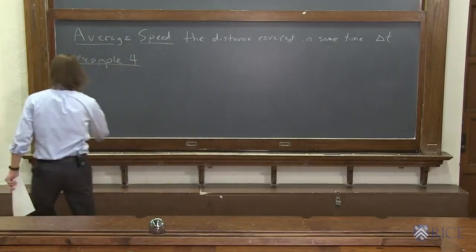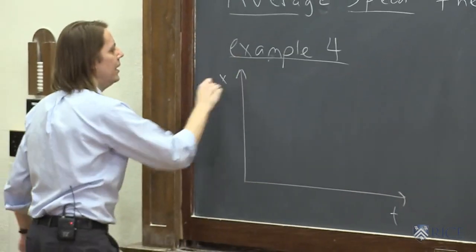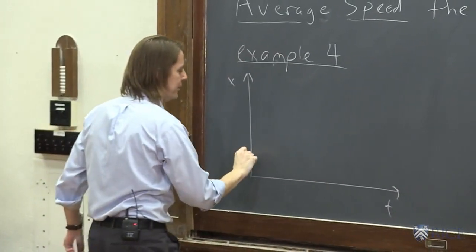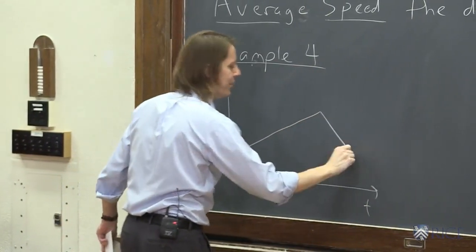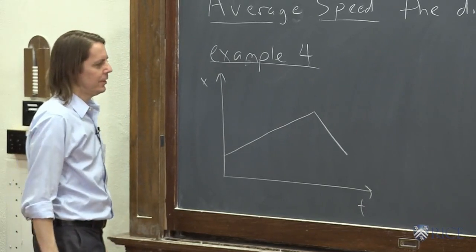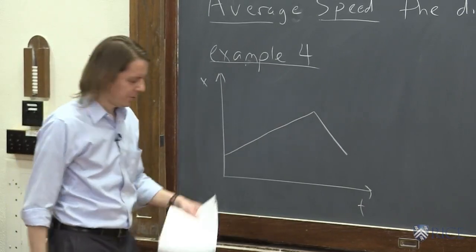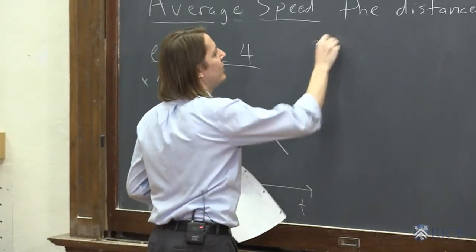Here we go. Example 4. Time, x. Slow positive like this for most of the time, and then sharp negative, and gets down to some position. Right? There it is. So let's look at that and think about the average velocity.